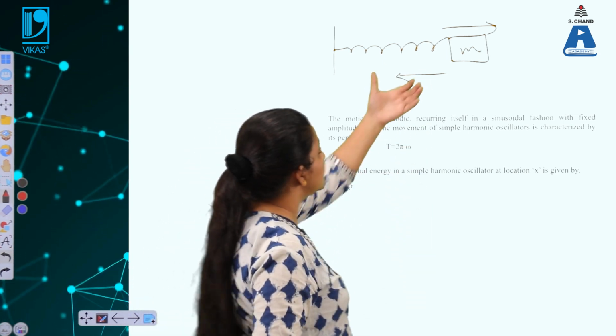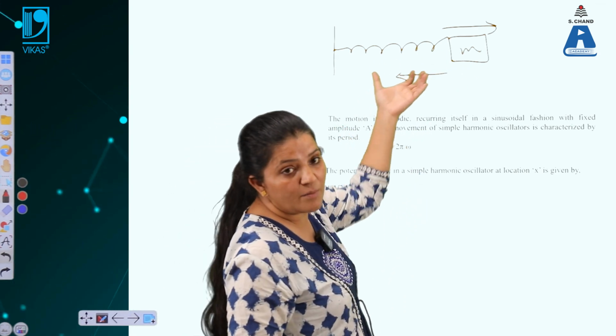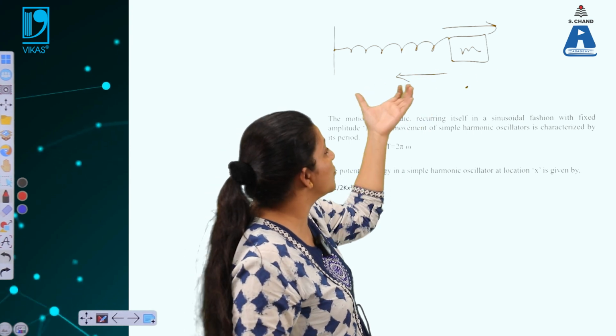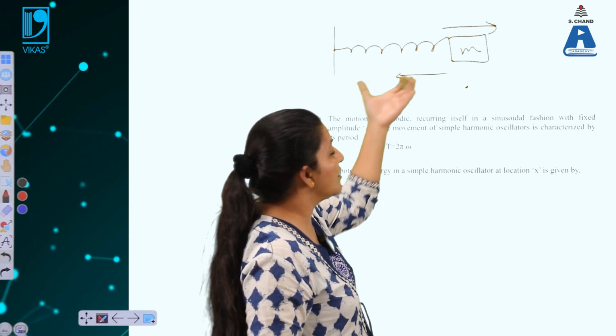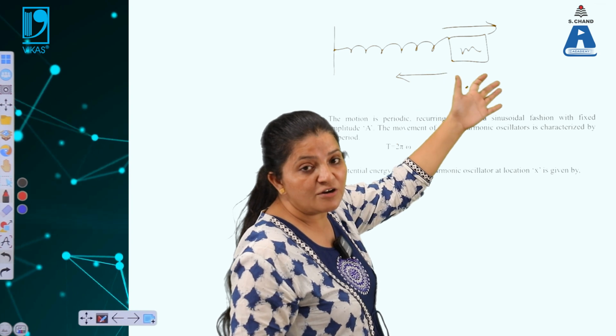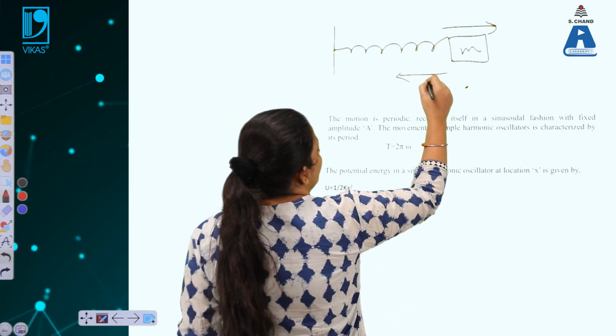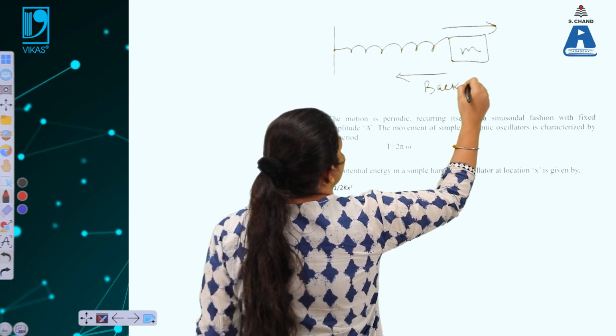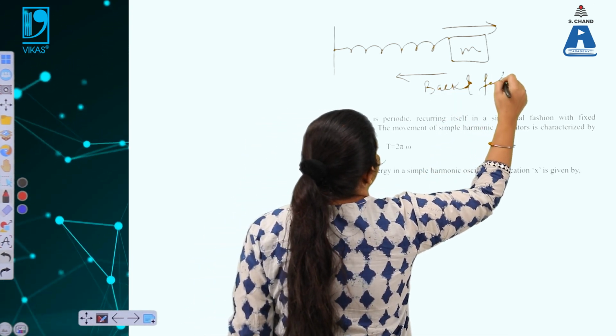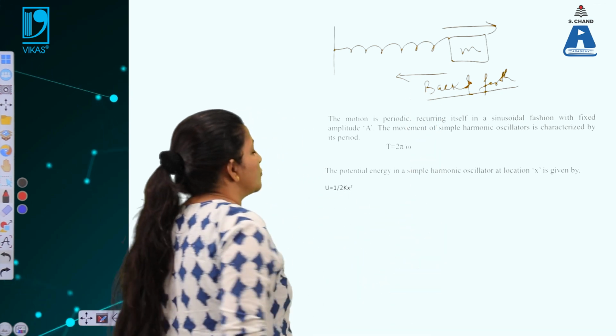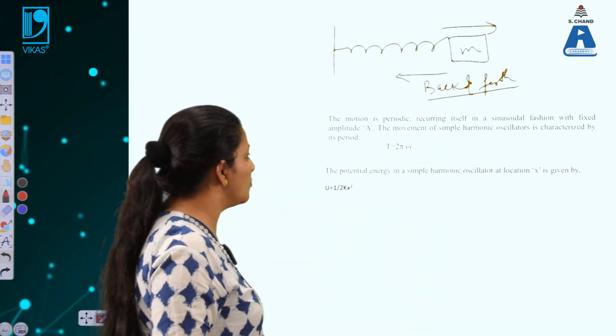So the body will start oscillating about its mean position, its original position. So there is back and forth motion, and such motions are known as periodic motion.